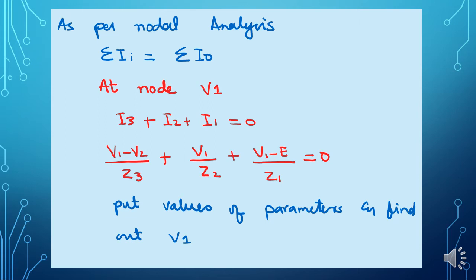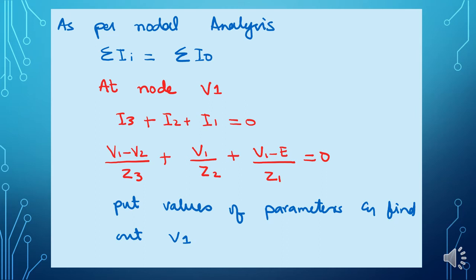After that, we will make the equation for node 1. The sum of all the currents entering the node is equal to the sum of all the currents leaving the node. This is the basic equation for nodal analysis. In our case, all the currents leaving our node are considered positive and their sum should equal 0.